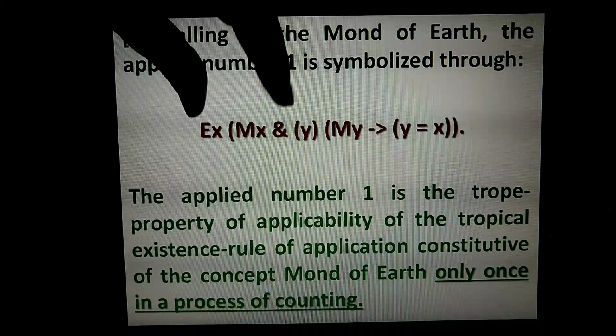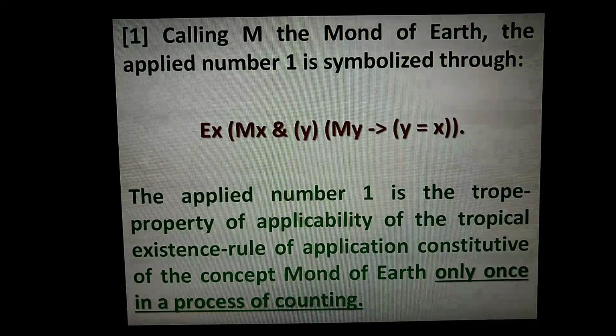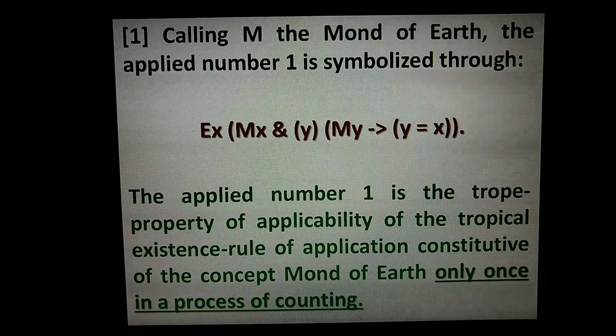Well, there is at least one and at most one object that is the moon of the Earth. The applied number 1 is the trope property of applicability of the tropical existence rule of application constitutive of the concept moon of Earth, only once in a process of counting.